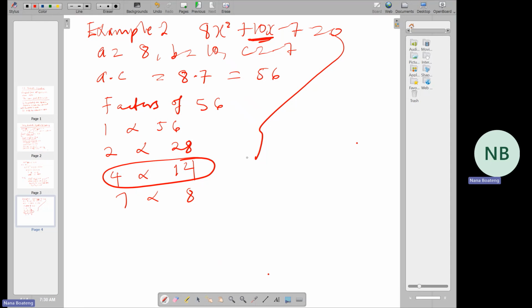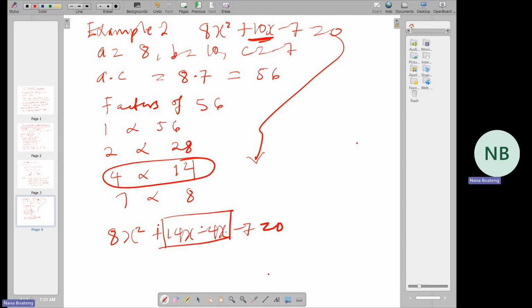So we can rewrite this equation as 8x squared, and instead of the 10x, we can write the 10x as 14x minus 4x, minus 7 is equal to 0.